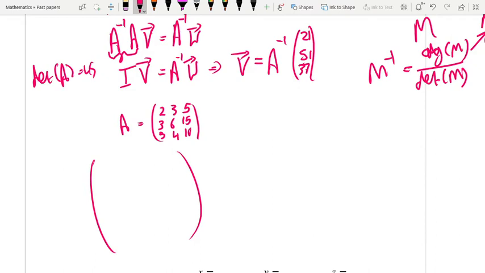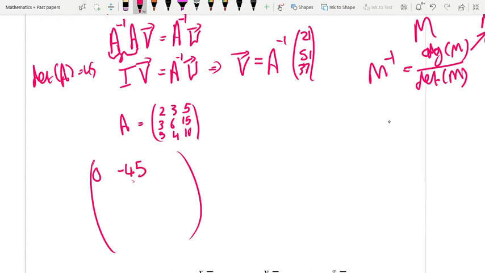Considering the top left item, 60 minus 60, so it's going to be 0. 30 minus, I'm just going to use my calculator for this because I cannot be bothered to make an arithmetical error. 30, that's going to be minus 45.